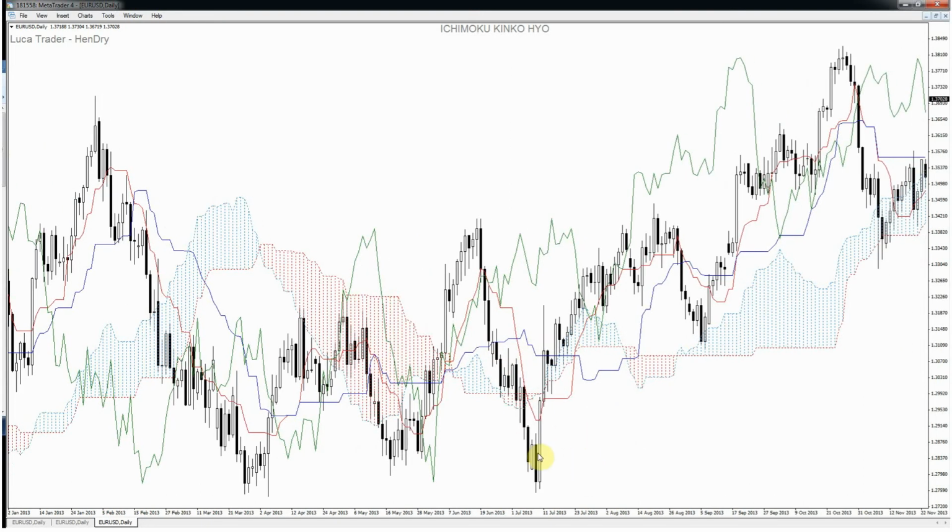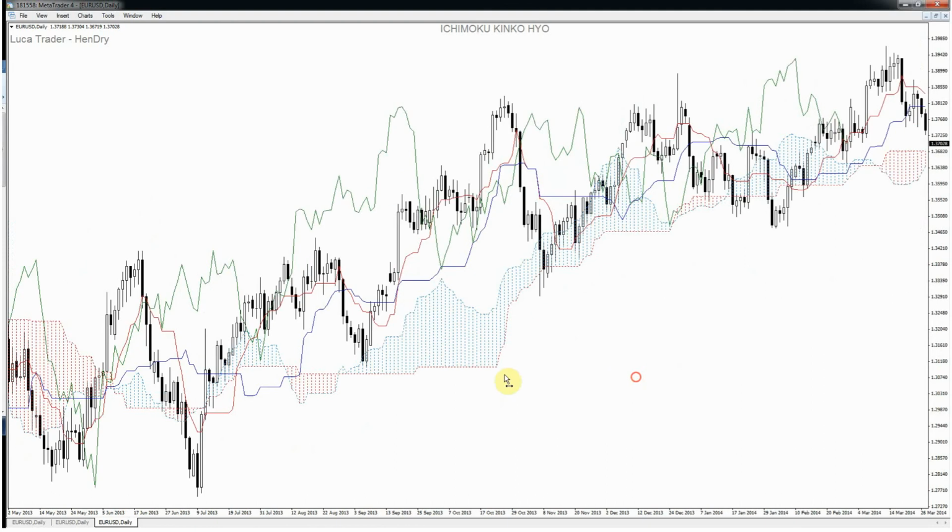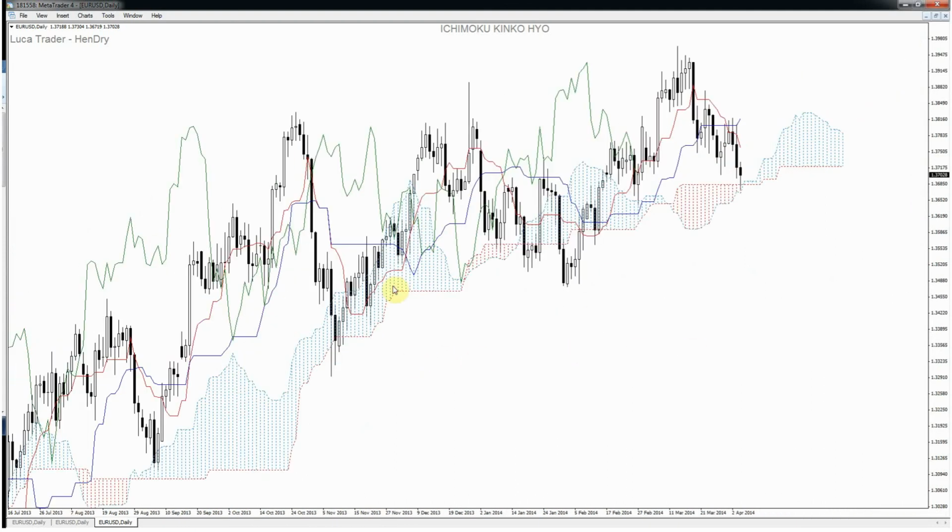So you want to make sure the price is either above or below, not between them. Between them might indicate some sort of consolidating market. Also, if you have ever tried Bollinger Bands, this acts like Bollinger Bands. It always tries to drag the price closer to these two lines.